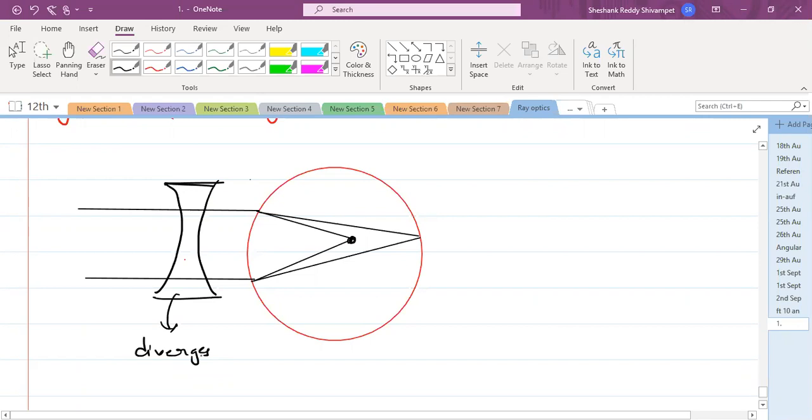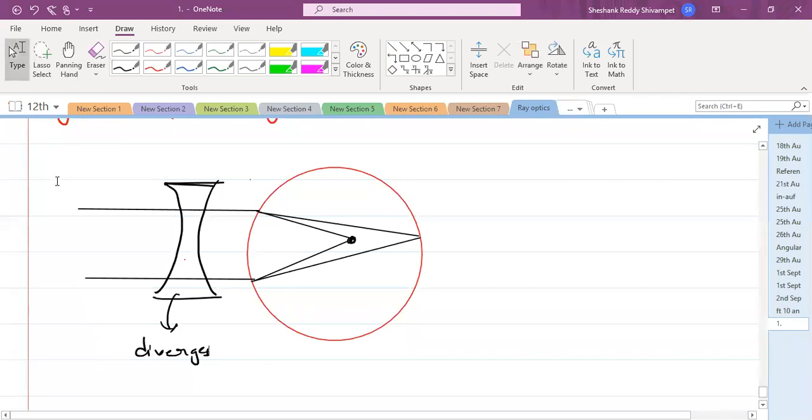So जितना भी converge हुआ होगा, that part will be diverged. That's why we make use of a concave lens. समझ आया ना? Myopia, nearsightedness and all. Clear?